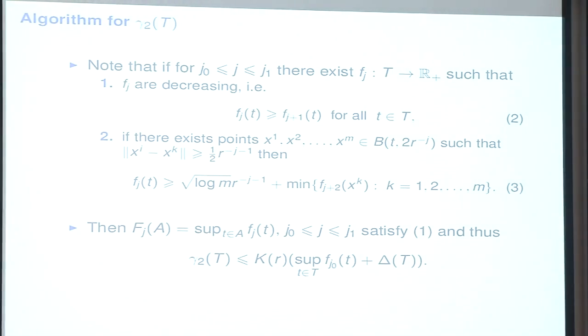Okay? So now, what is our aim? Our aim is to prove that if we have a family of functions that satisfies 2 and 3, we will see that functionals defined in this way satisfy the growth condition.